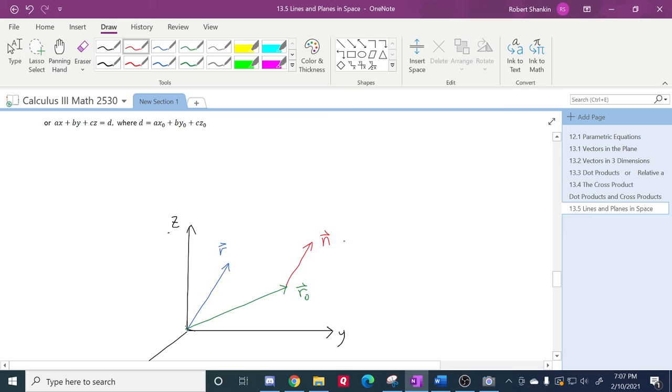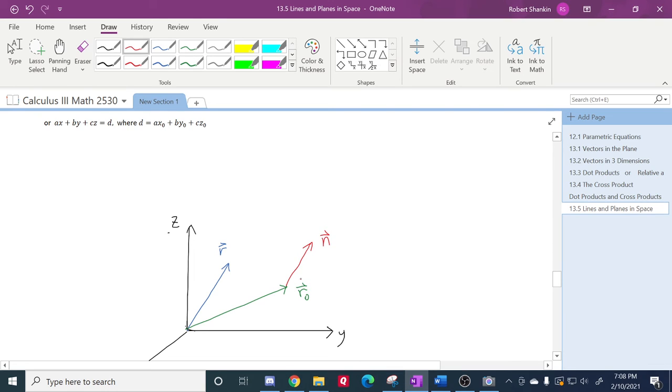Alright. So I need the plane that contains this point, the tip of r0, and is perpendicular to this vector.